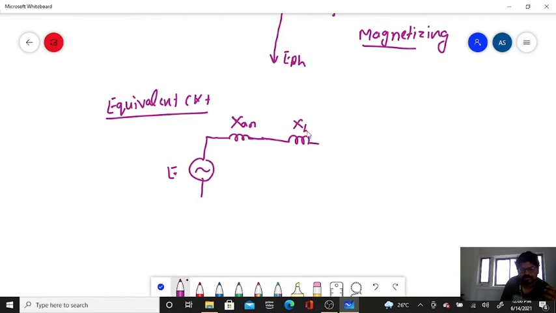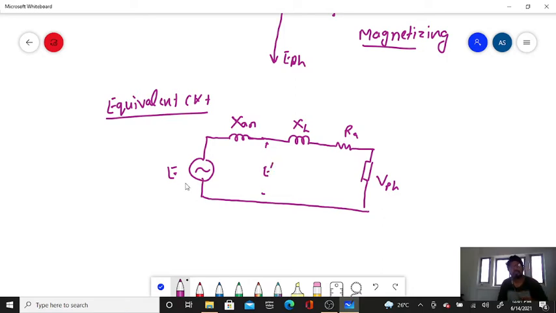We will represent it with X_L, and then there will be an armature resistance. Then we will get the terminal voltage here, V_ph.